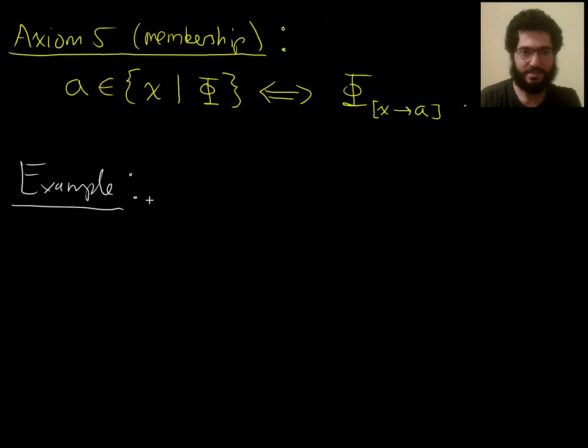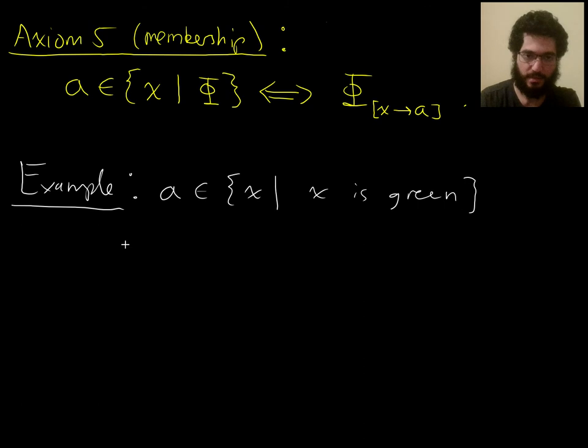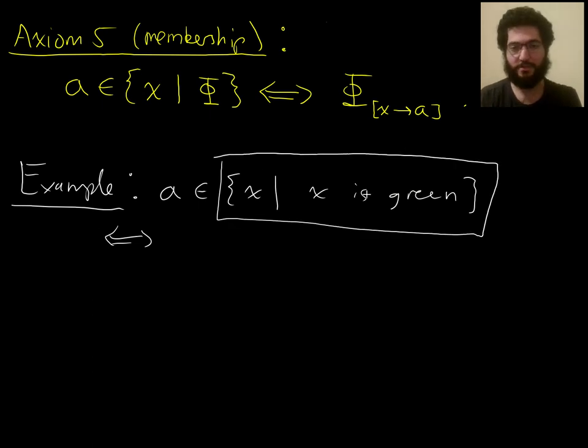Okay, and here's an example using a nonsense proposition. Let's say A is in the set of X such that X is green if and only if. So how would you read this term here without referring to the bound variable X? You would describe this as the set of all green things, right?